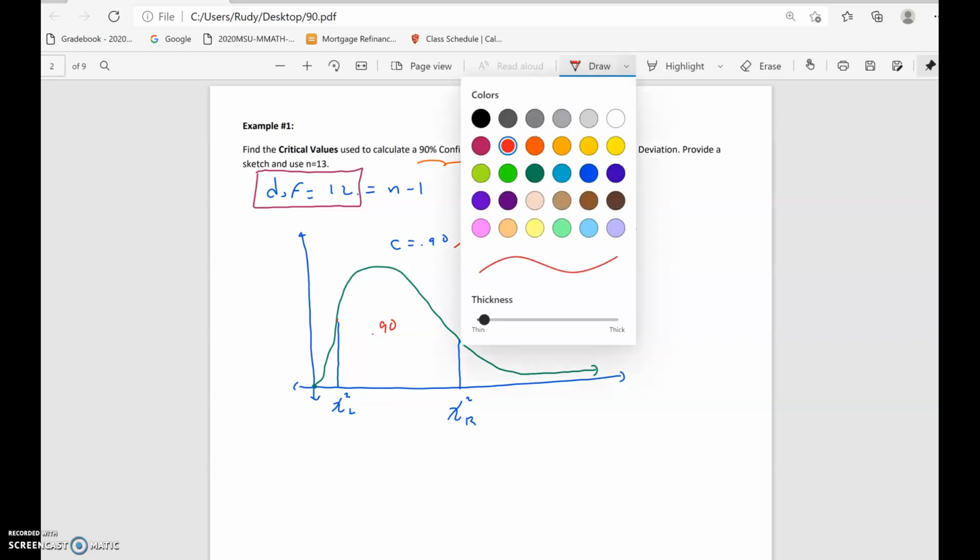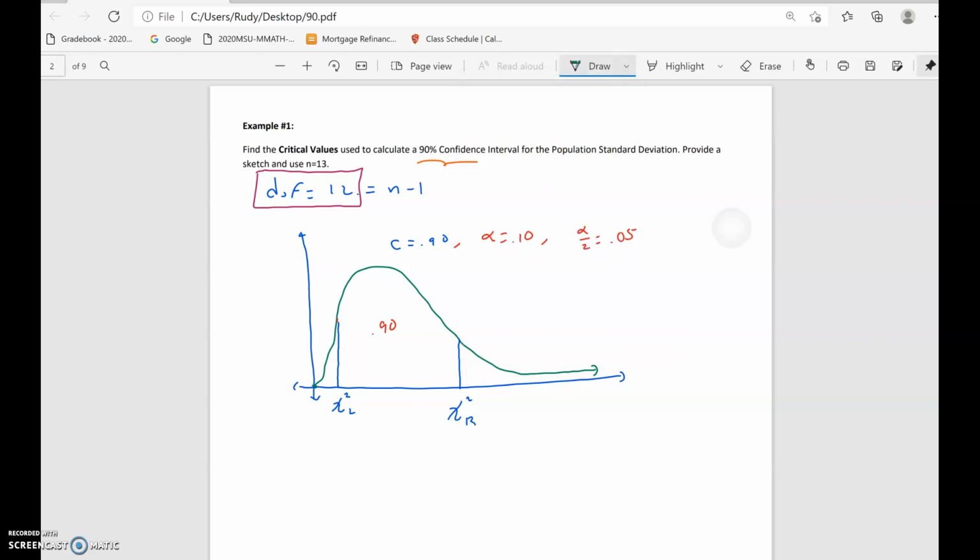So in this tail, let me actually use red, we're going to have 0.05, and then also in this tail, we're going to have 0.05.